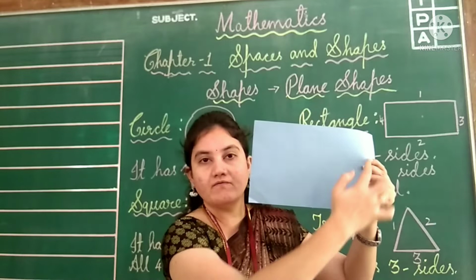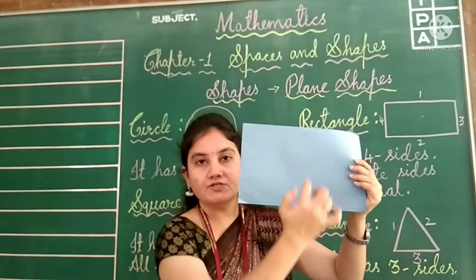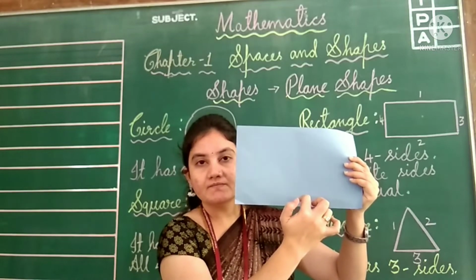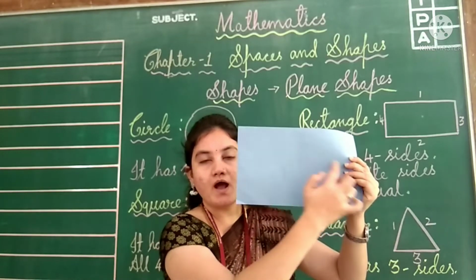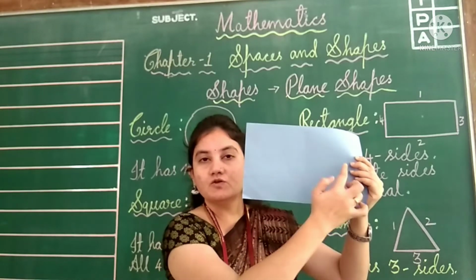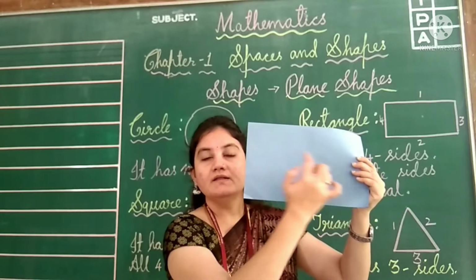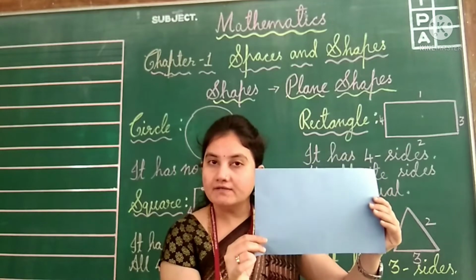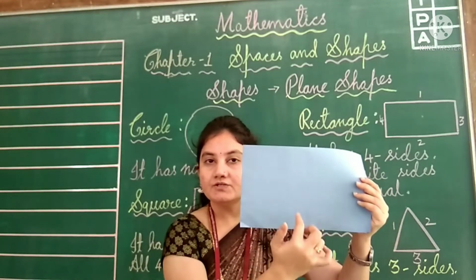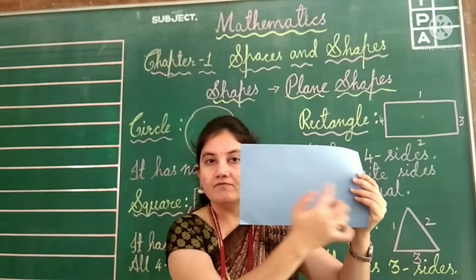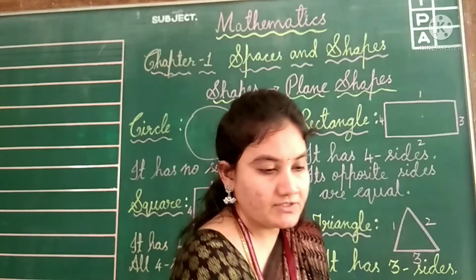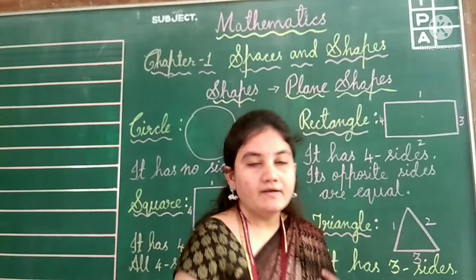They are equal. Isn't it? See, opposite. These two are opposite. They are equal in sides. And these two are opposite. So, these two are equal in sides. So, rectangle has 4 sides. Its opposite sides are equal. Opposite sides. Okay, children? Then next, we'll go for triangle.